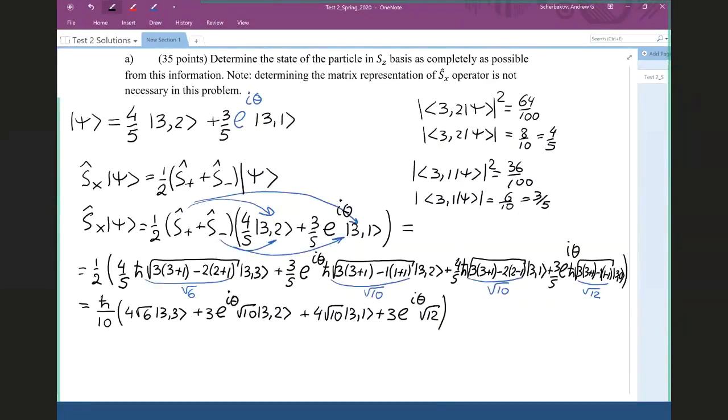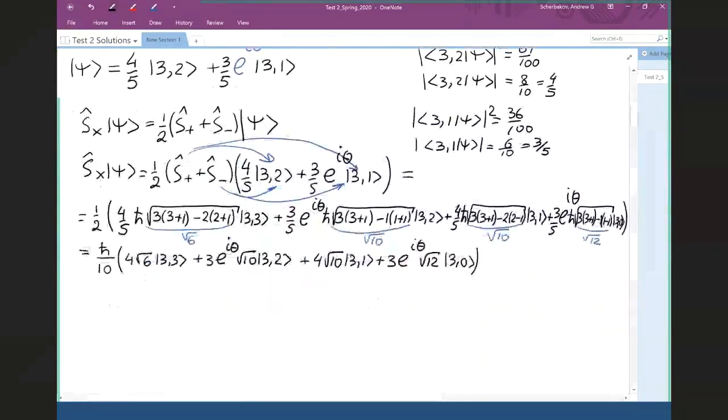Something is missing. I forgot to write down the state itself, |3,0>. Okay, now it's all correct. So that's my Sx acting on state psi.